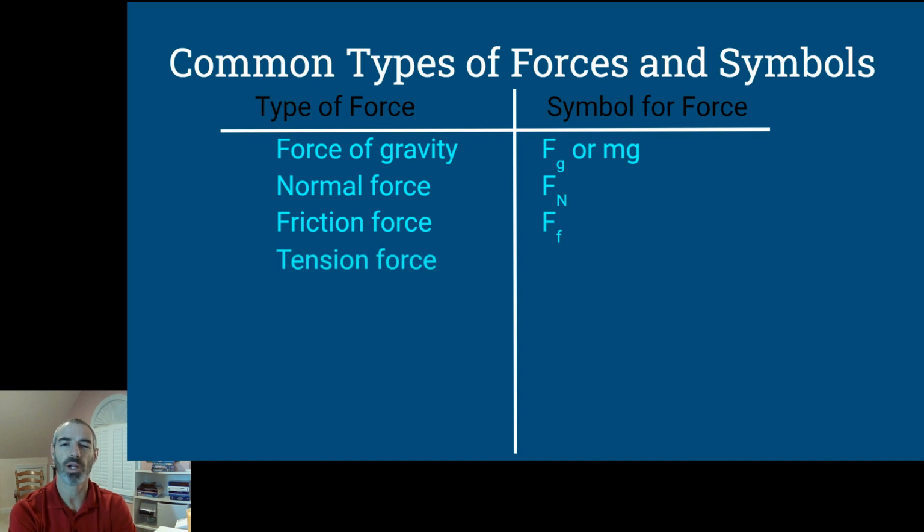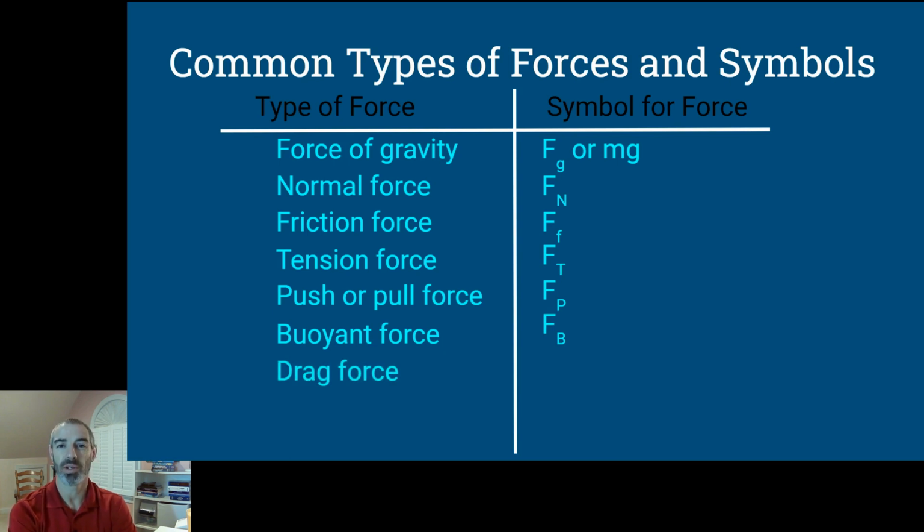A tension force would be a rope, cord, or string pulling something. We'll call that Ft. If you have just a generic push or pull force, we can call that Fp. A buoyant force, which would be a force supplied by the water, would be Fb. We also have a drag force, which would be something that's rolling, or drag provided by wind resistance if a ball is falling through the air, which is Fd.